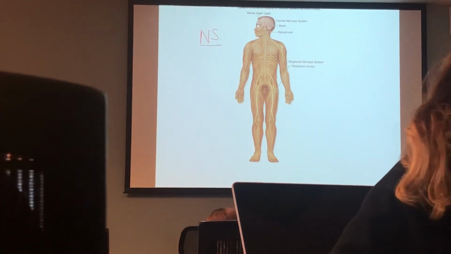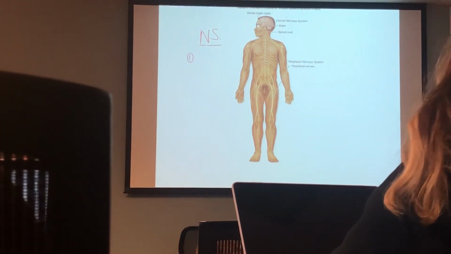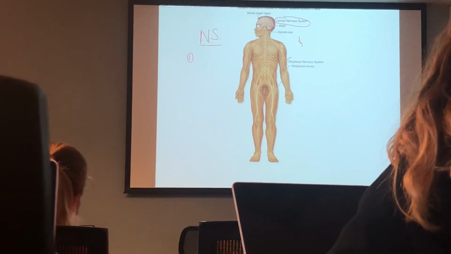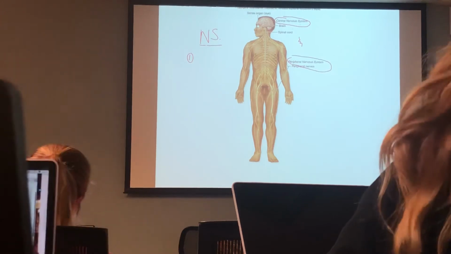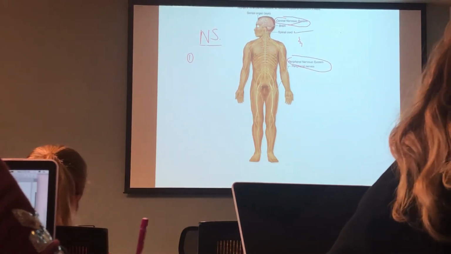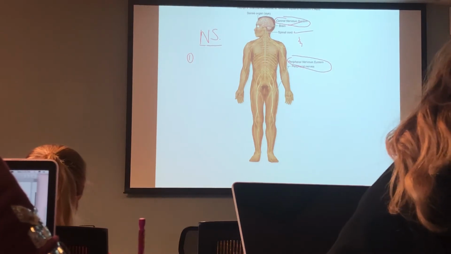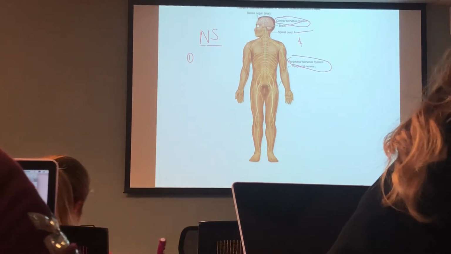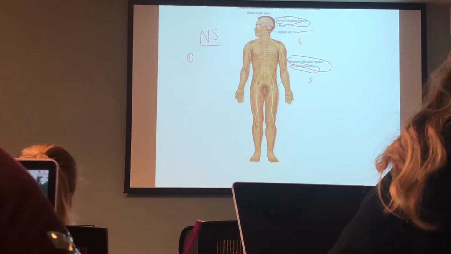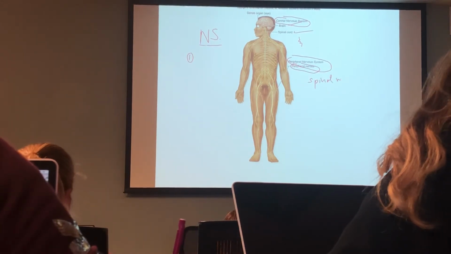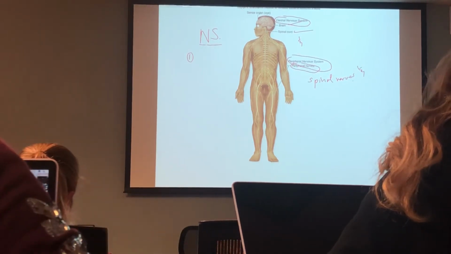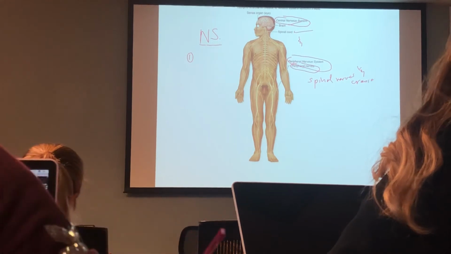You can break it down into central and peripheral. Central involves the brain and spinal cord. And then the peripheral nervous system involves the peripheral nerves, which we can also call spinal nerves. Some folks like to address the cranial nerves also.